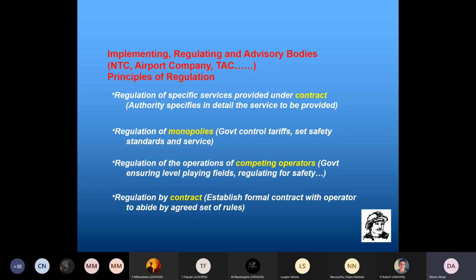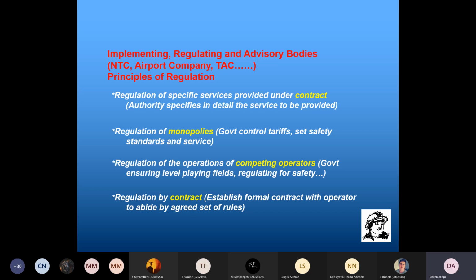With competing operators, it's very important to know the safety aspect, regulating safety. Very often when you have two taxi operators operating on the same route, you know the problems with that, the taxi wars that we experience. So it's very important how one goes about dealing with competing operators.